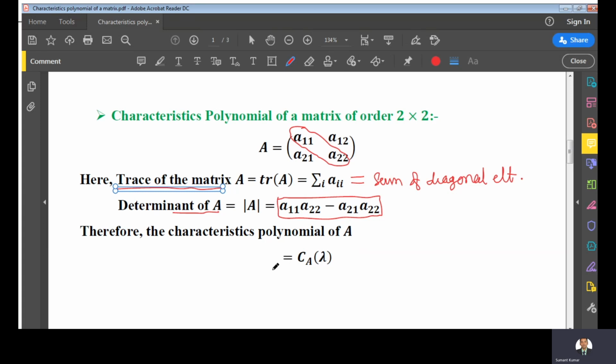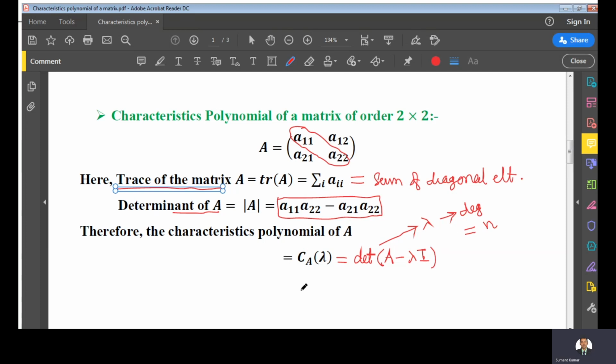It is defined by the determinant of A minus lambda I. This will be a polynomial in lambda, and if we are considering a square matrix of order n, then the degree is going to be n.